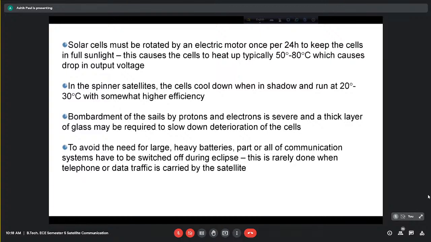It is not a very long period, like 10 minutes to 70 minutes as we had seen. For that period, you can offload your entire traffic to another satellite which is not in the shadow of the Earth at that time, so that you can continue the operation of your communication subsystem uninterrupted.